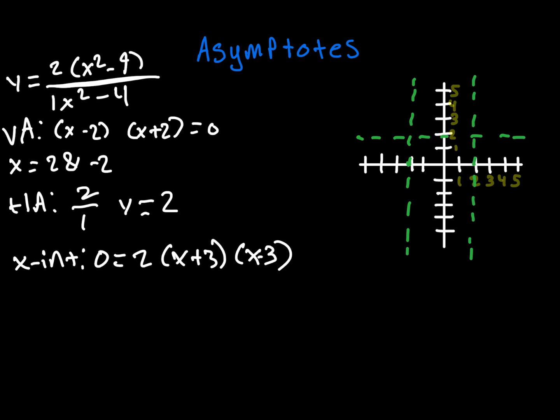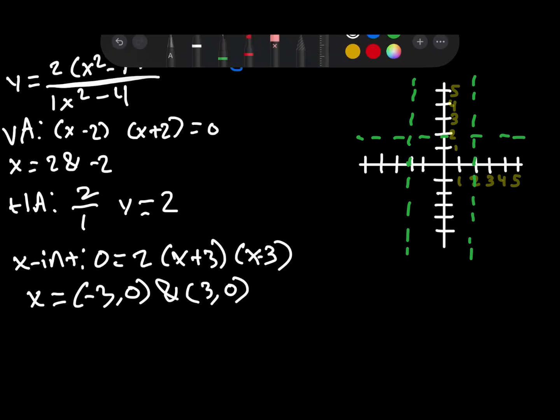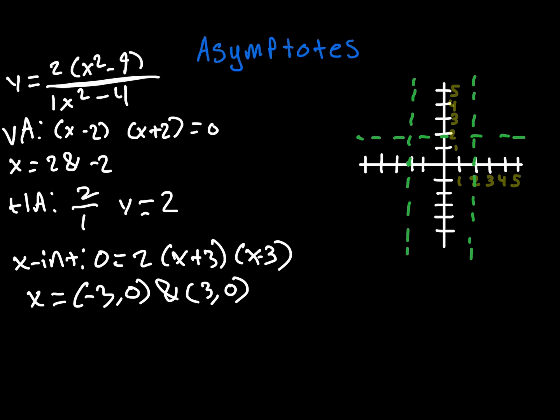Plugging in negative 3 and 3 would result in 0 times 0 times 2, which simply equals 0. So our x-intercepts would be negative 3 comma 0 and 3 comma 0. We could label those now, and those would be located right over here and also right over here.